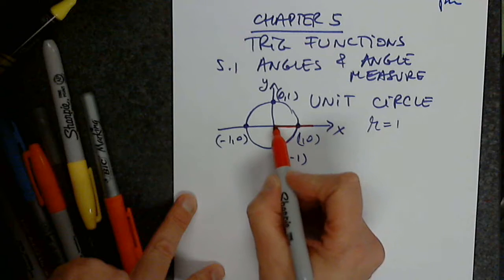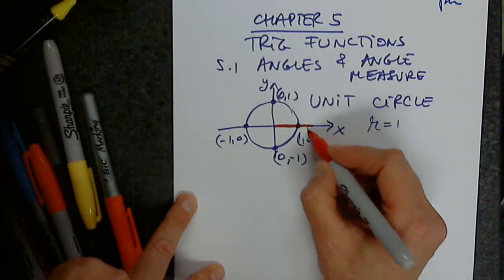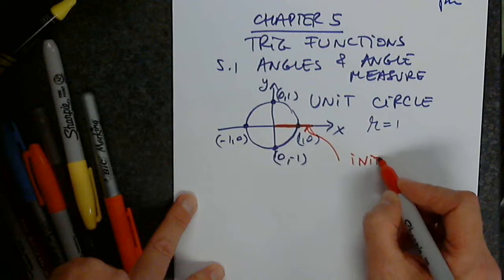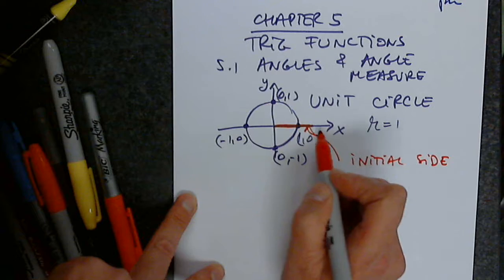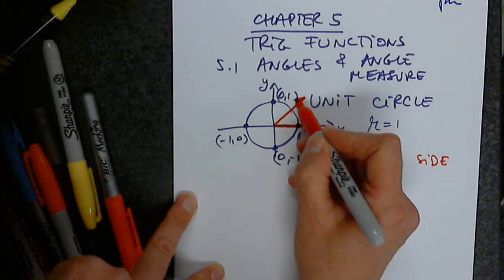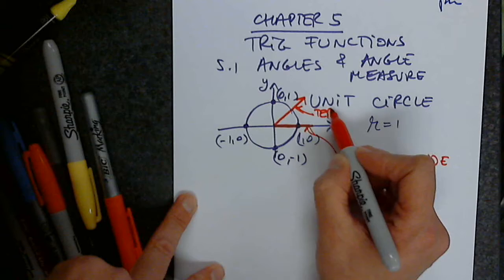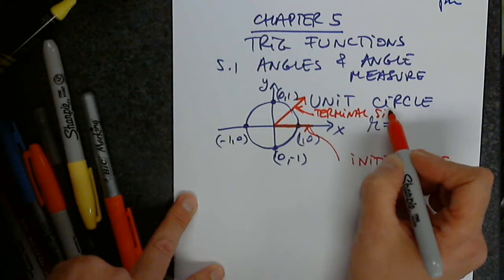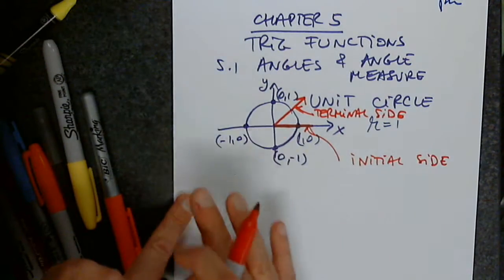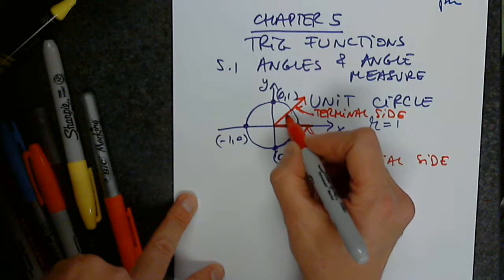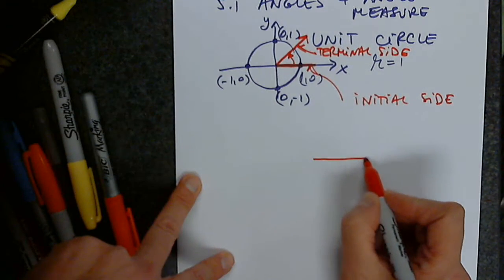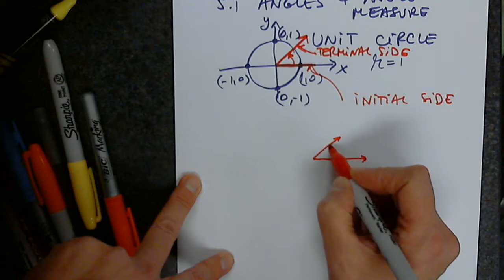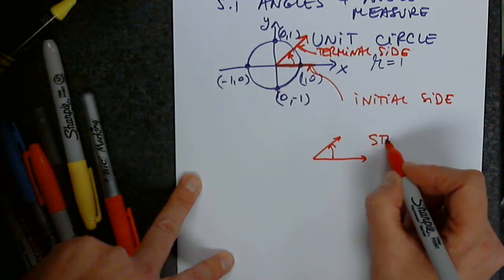Any angle that starts with the initial side on the positive side of the x-axis, and let's say it has the terminal side anywhere on the circle, going counterclockwise, is considered a positive angle. So this is a positive angle, and also in the standard position.